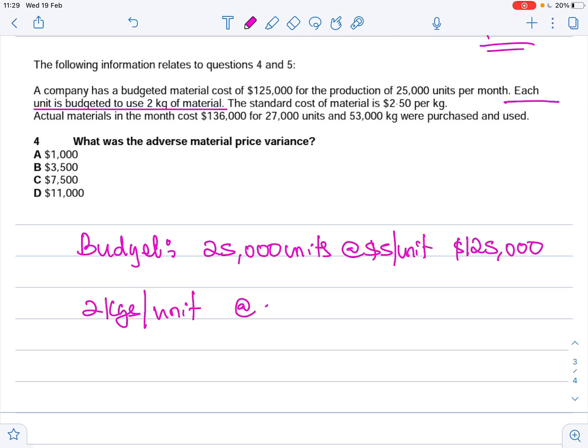So now look at this. This is at $2.50 per kg. I need you to understand this bit because there are students that will have issues with this. There's a difference between dollar per kg and dollar per unit.